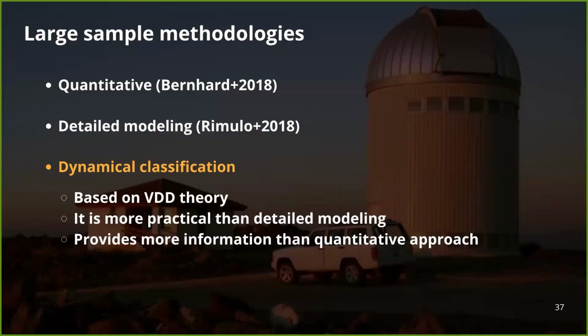It has an advantage over the other two alternatives, since it's more practical: we go through each light curve, classify its activity, and this allows us to recover some important quantities, and it is also more feasible than modeling each light curve in detail.